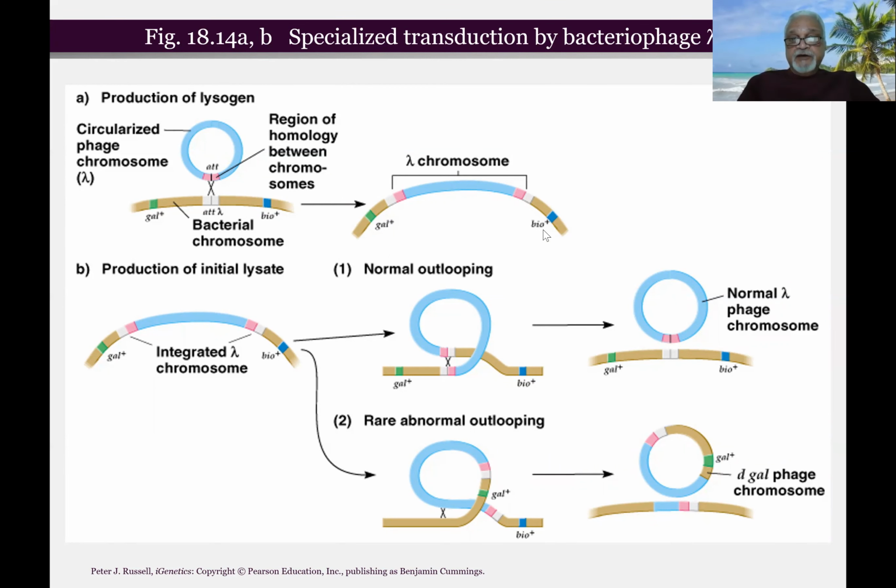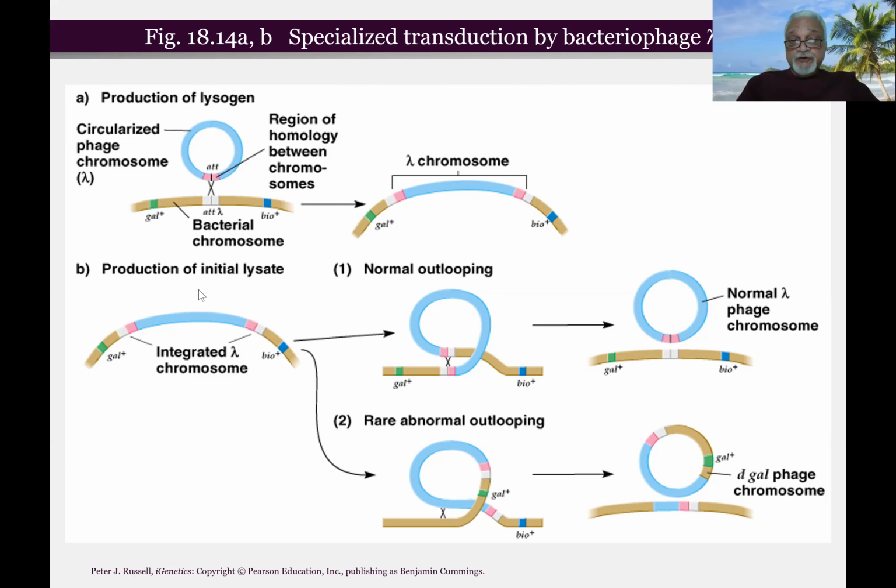So there is a possibility that it gets integrated in between the two marker genes. Okay, so this will sit in the host chromosome generation after generation, but when it enters into the lytic cycle, then what happens?